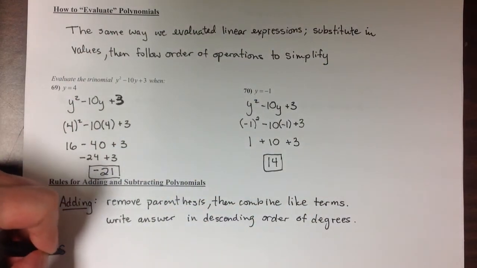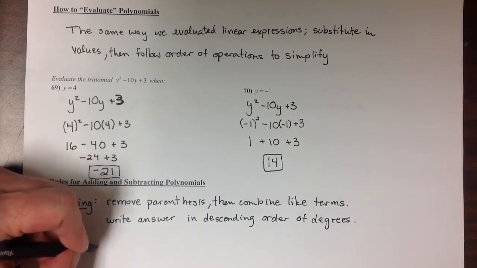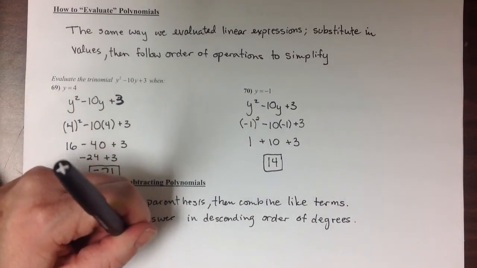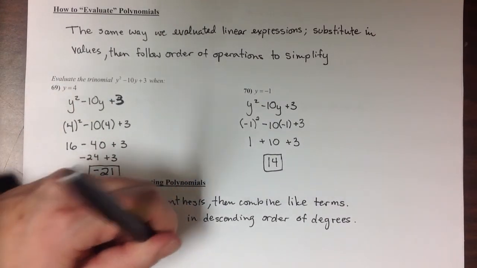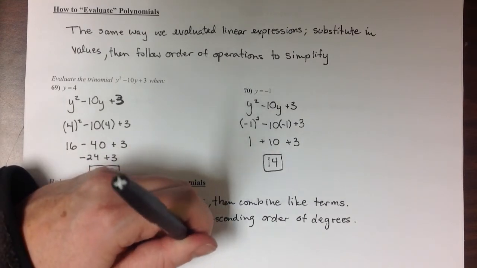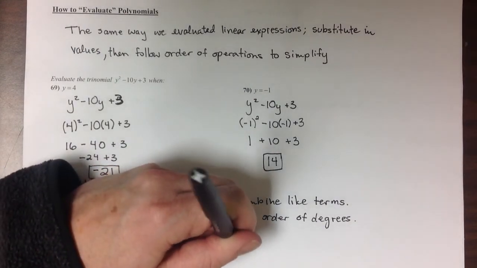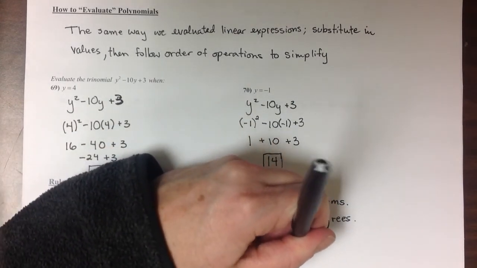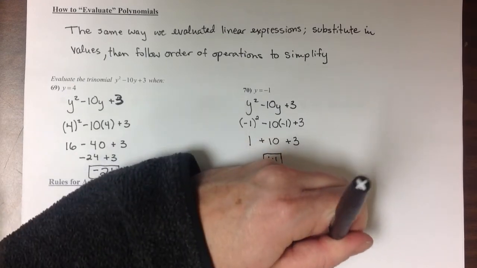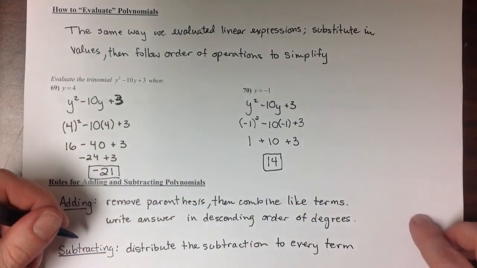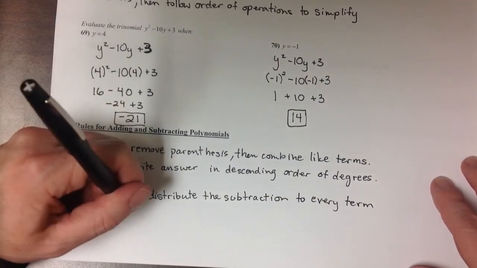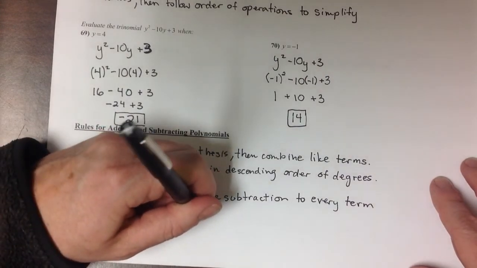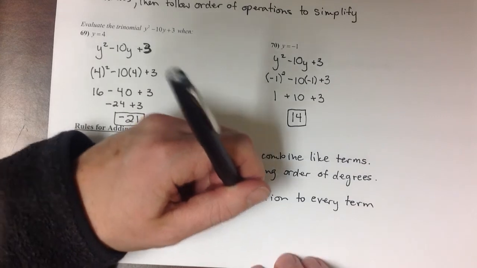If you're subtracting polynomials, you need to first distribute the subtraction to every term in the polynomial that's being subtracted.